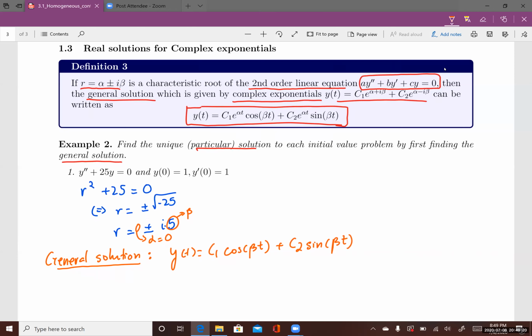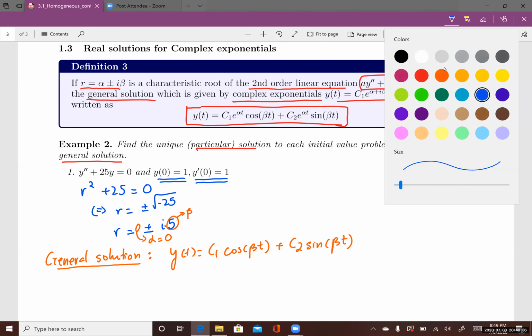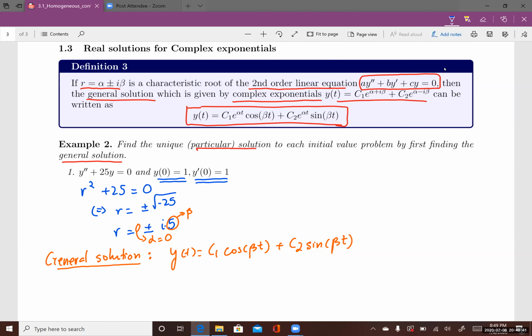The next thing I need to do is find the particular solution using these two initial values here. I have the first initial value, y of 0 equals 1, and the second initial value involves y prime. So I want to find y prime before I plug the initial values into these functions.